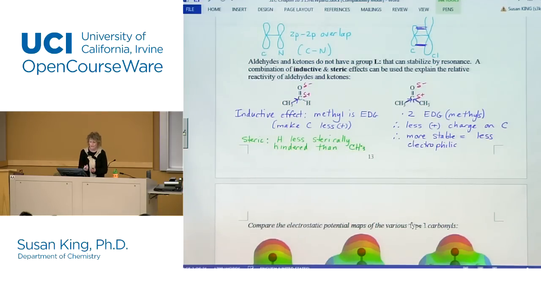So in this case, the inductive effect and the steric effect are telling us the same thing, that aldehydes are significantly more electrophilic. So aldehydes are more electrophilic than ketones. Questions so far? Anybody?